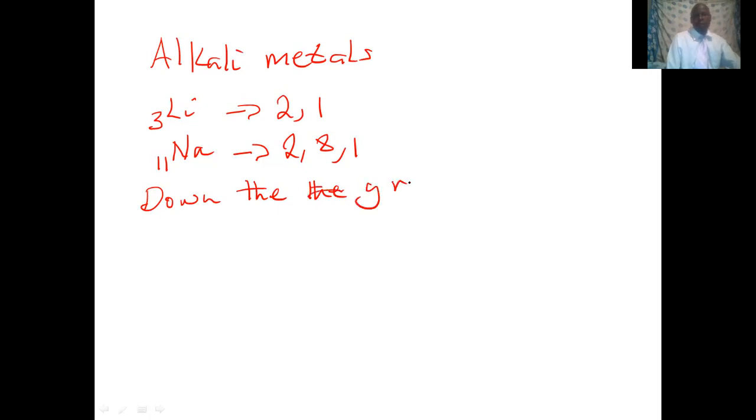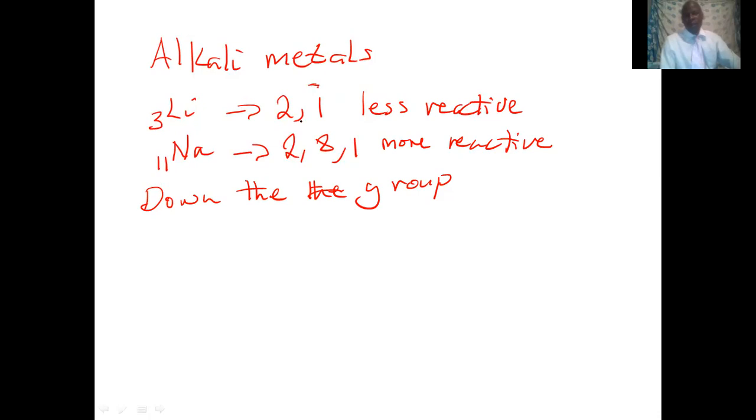So down the group, we see that this one will be more reactive, and this one less reactive. The reason is that the outer electron in lithium is closer to the nucleus where there are positive protons which attract the electron.